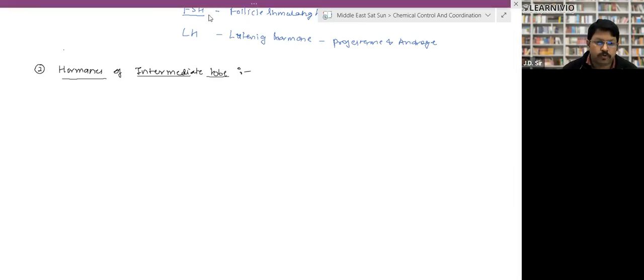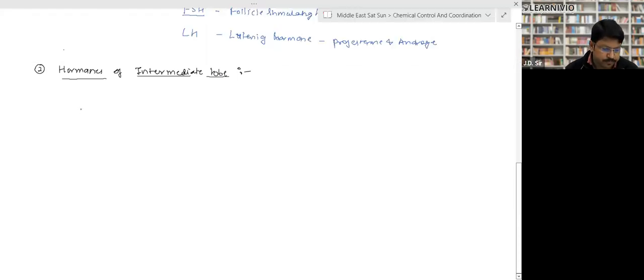Out of these, the intermediate lobe secretes melanotropin, or melanocyte stimulating hormone.